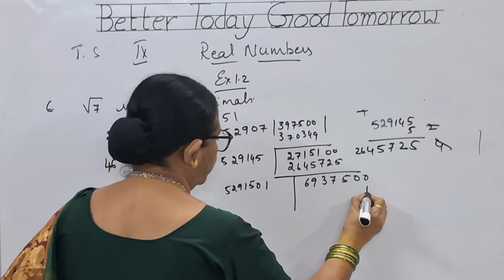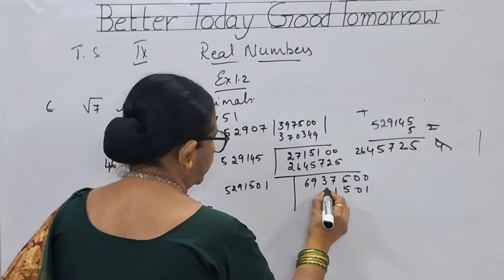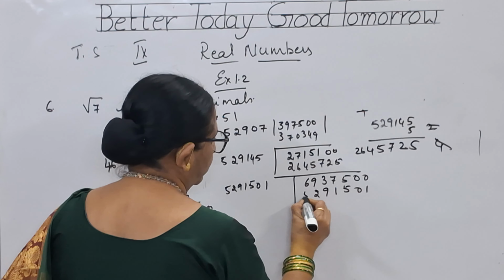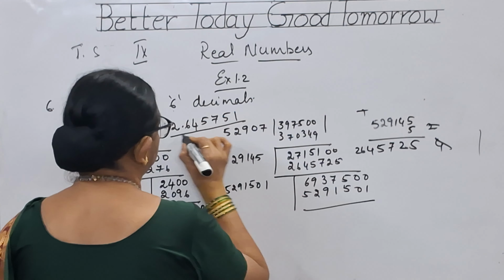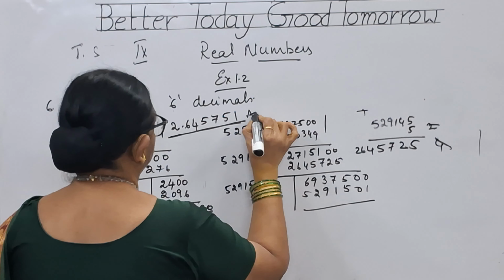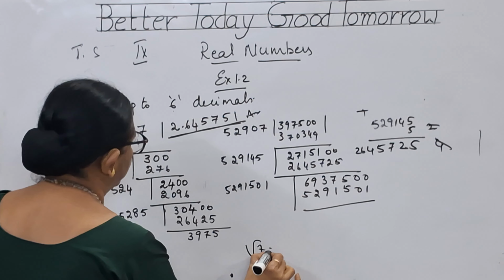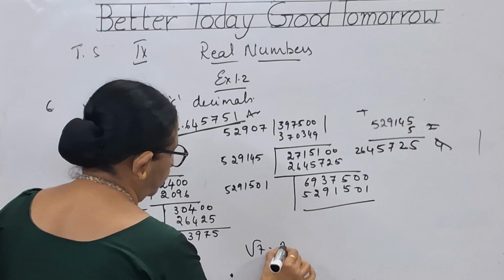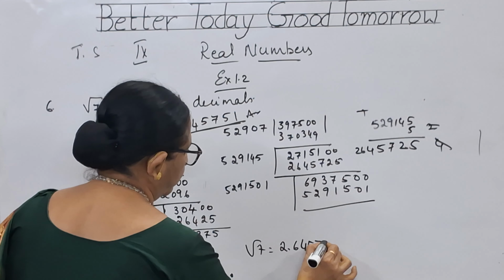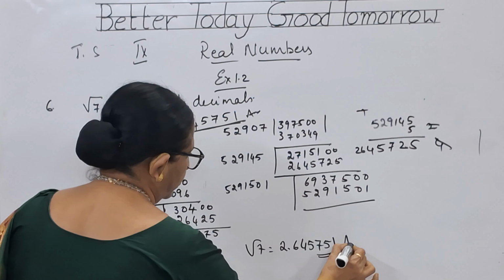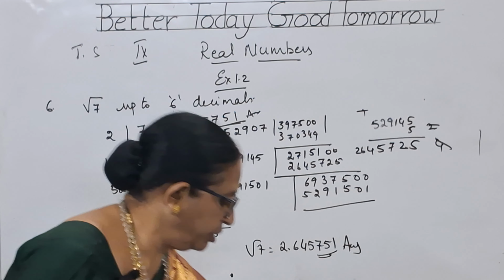So you will be getting 1 0 5 1 9 2 5. You can stop here because this is your answer. So root 7 is equal to 2.645751. I hope you have followed, children. Please copy it.